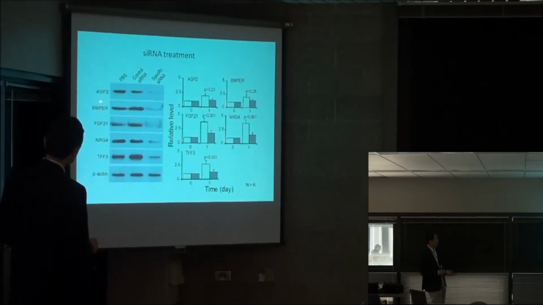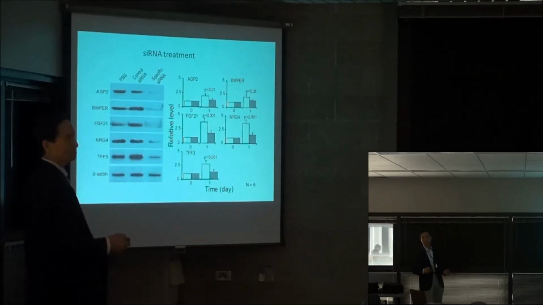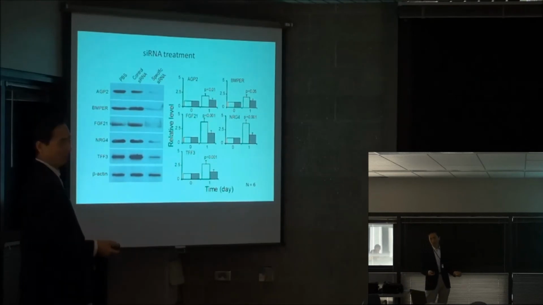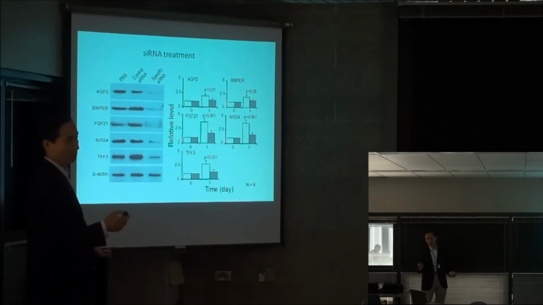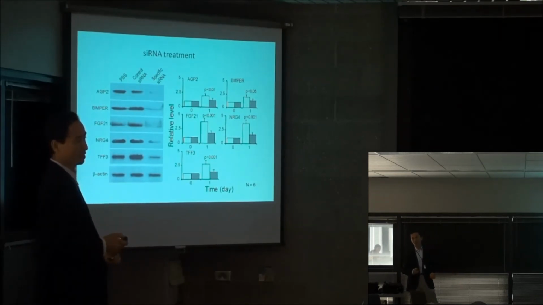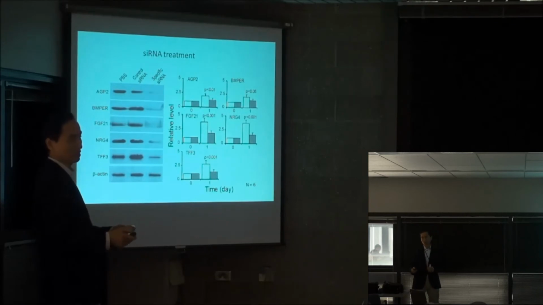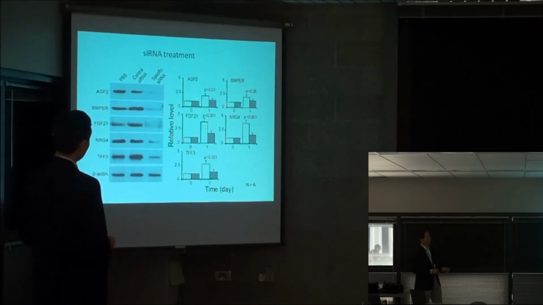Look here, say this is AGP2. With PBS injection, you have that much expression of AGP2 at 3 days after siRNA injection, but 1 day after myocardial infarction. So we injected the siRNA 3 days prior to the induction of myocardial infarction, and then assayed the protein level.